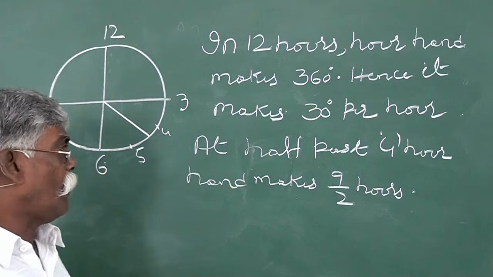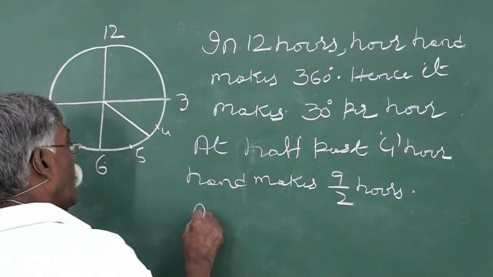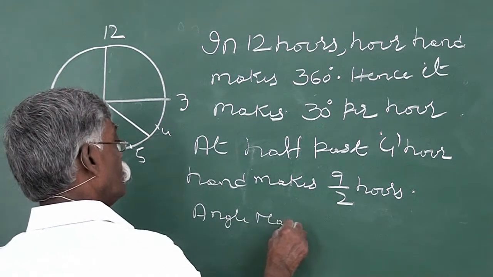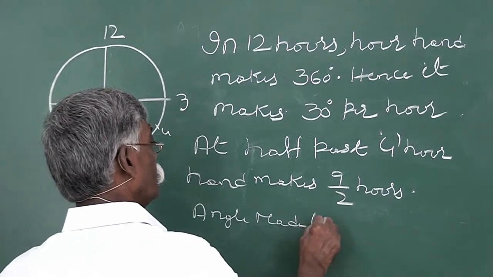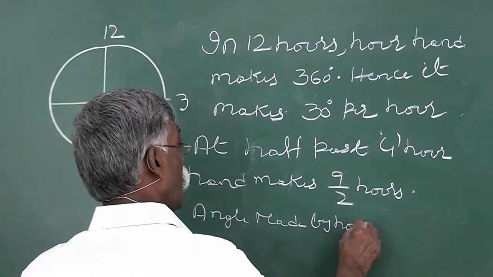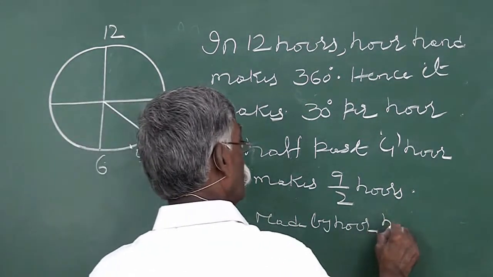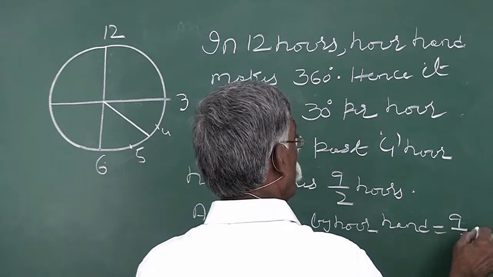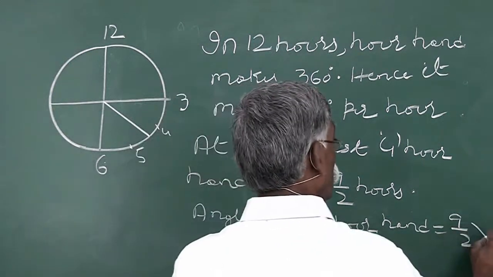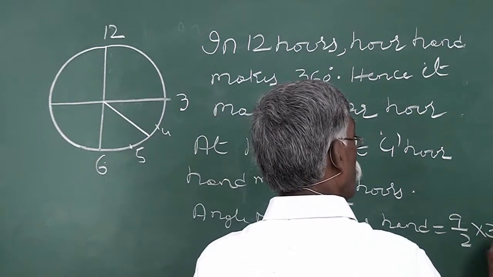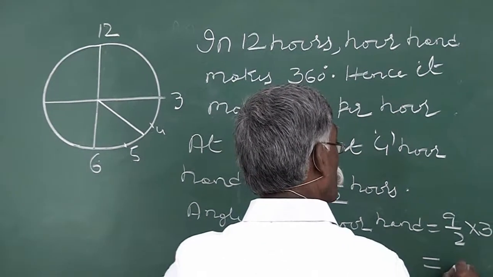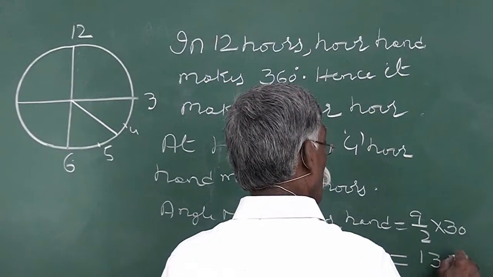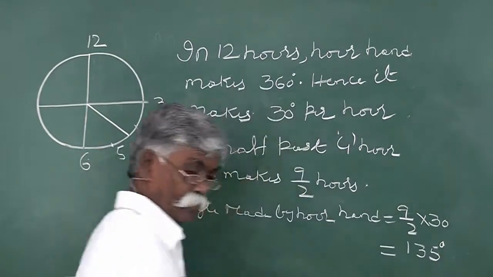Therefore, the angle made by the hour hand is equal to 9 by 2 into 30, which is 135 degrees.